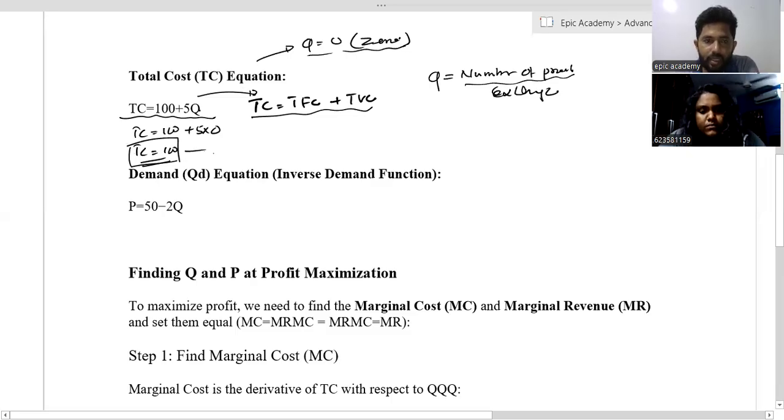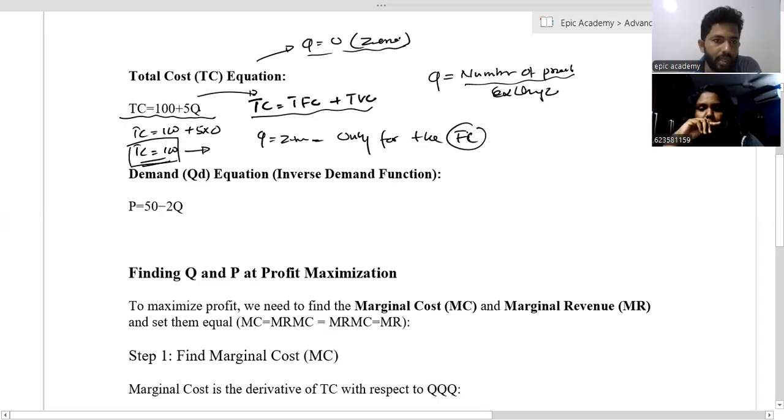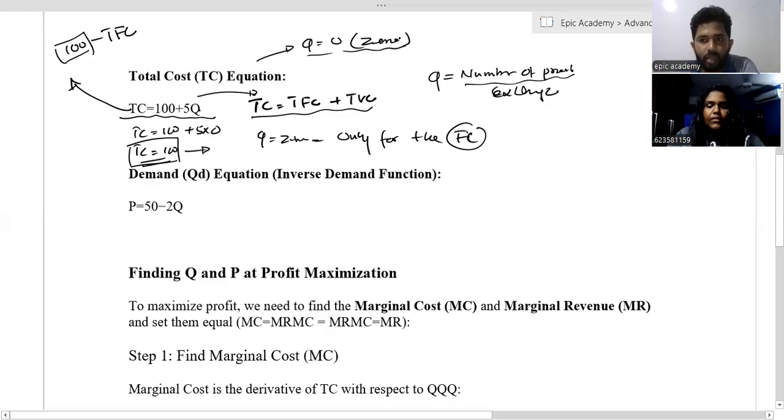So it reveals that if the quantity is 0, you have to pay only the fixed cost. This is fixed cost. So now you can identify in that equation 100 represents the total fixed cost.